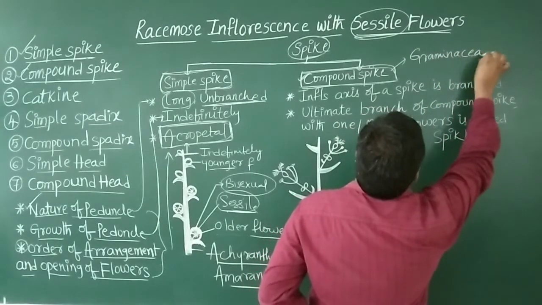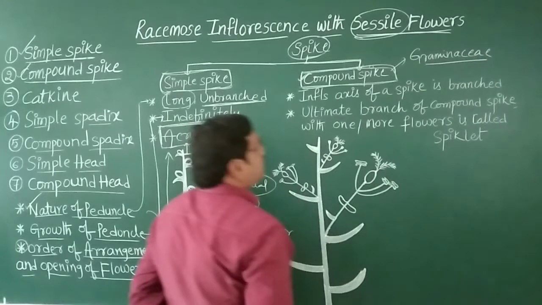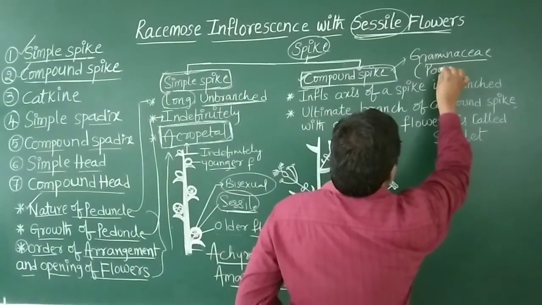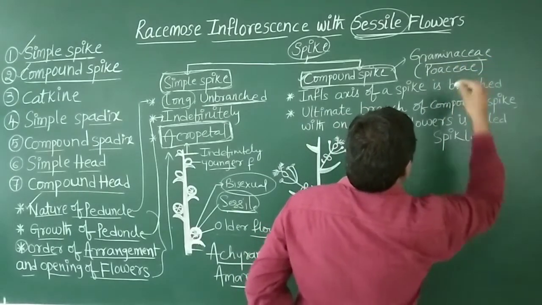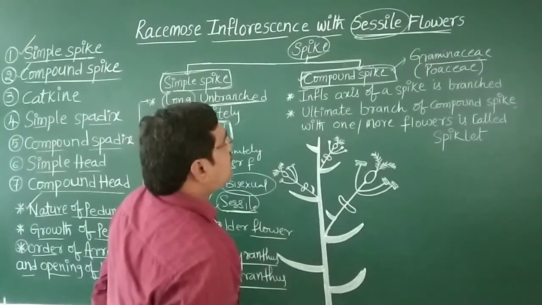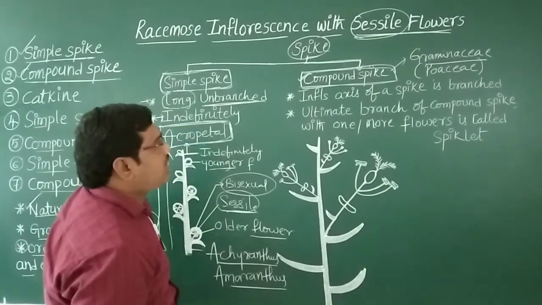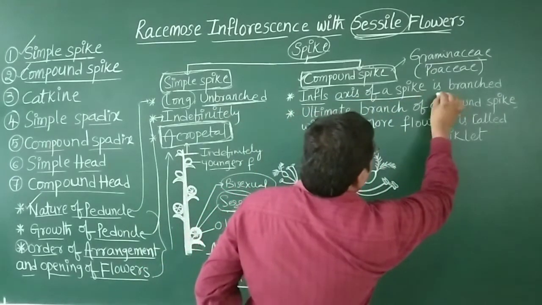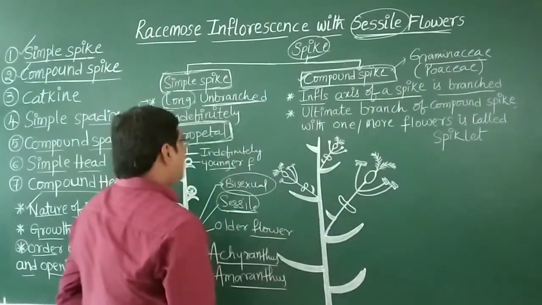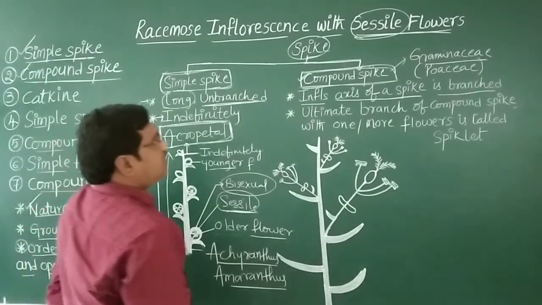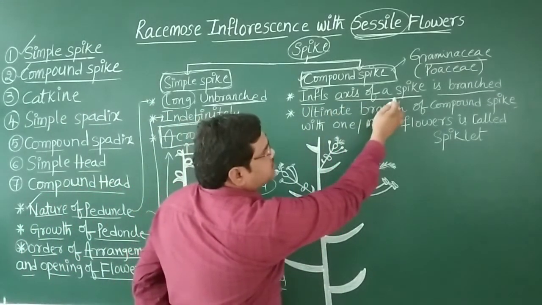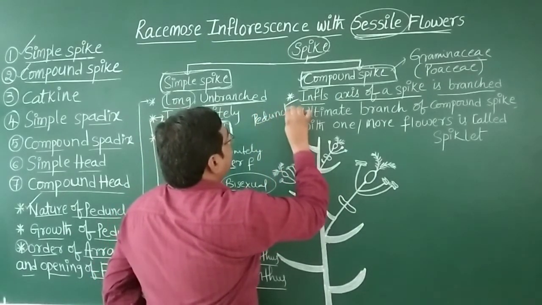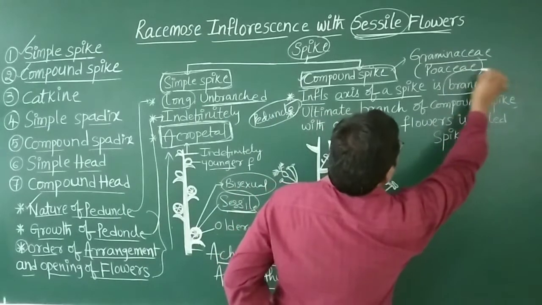Gramineae family plants have the compound spike. The Gramineae family is also known as the Poaceae family. So what is the compound spike? Here, the inflorescence axis of the spike is called the peduncle, and this peduncle is branched.